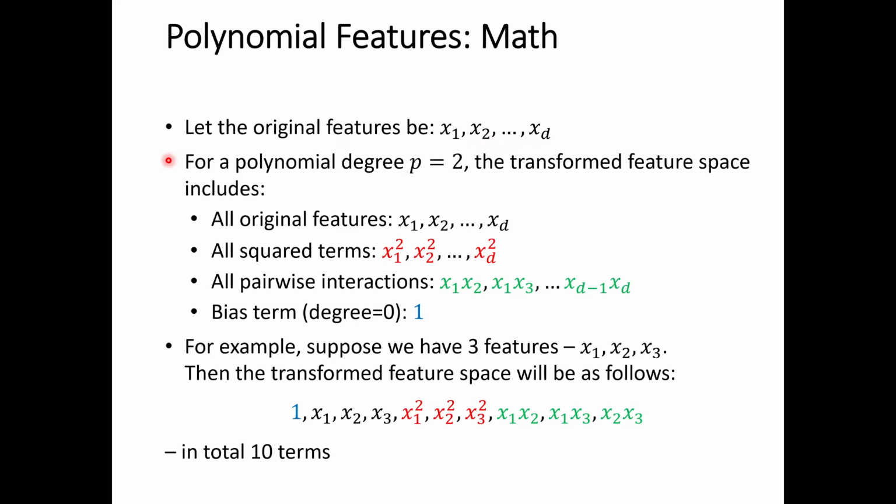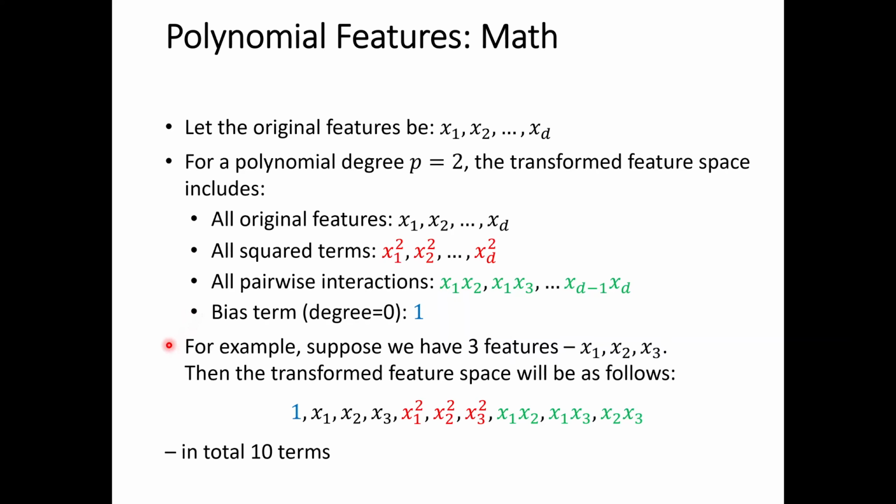For a polynomial degree of 2, the transformed feature space will include all original features, x1, x2, and so on up to xd, all squared terms, x1 squared, x2 squared, and so on up to xd squared, all pairwise interactions, x1 times x2, x1 times x3, and so on up to xd minus 1 times xd, and the bias term, which is simply 1. That's the degree 0 term.